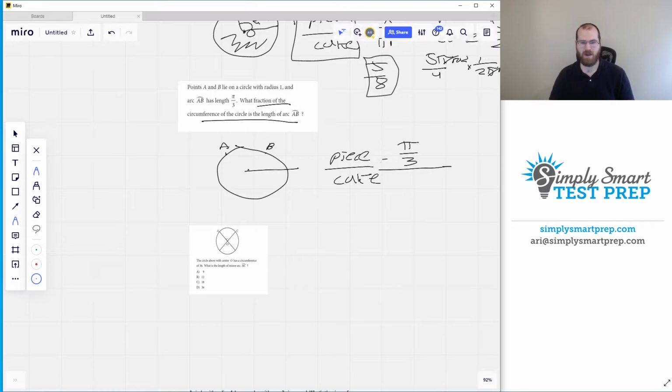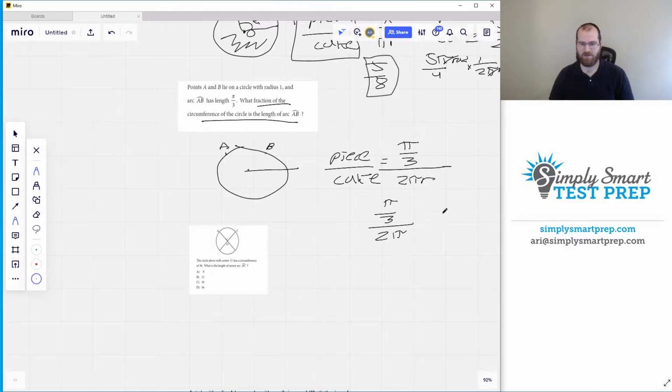So piece equals pi over 3. Cake is pi r squared. Well, they give me r, that equals 1, so that's just pi. Excuse me, what am I doing here? Cake equals 2 pi r. Constant vigilance. Okay, pi over 3 over 2 pi r. R is going to equal 1, so I have pi over 3 over 2 pi.